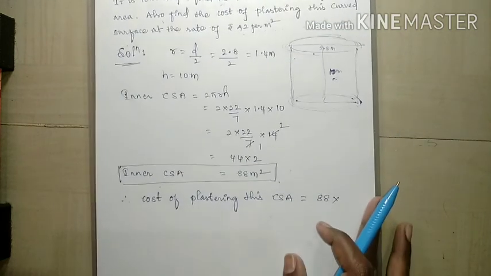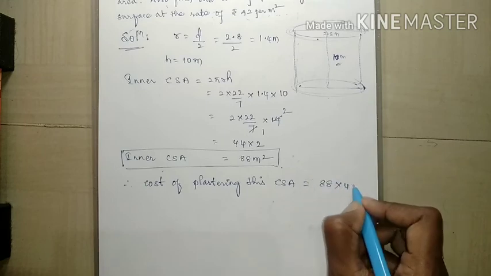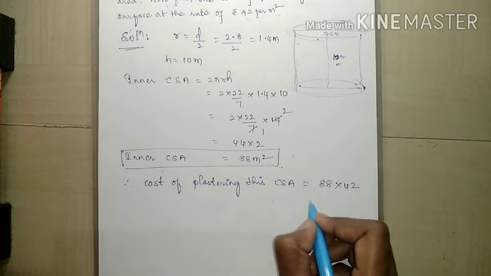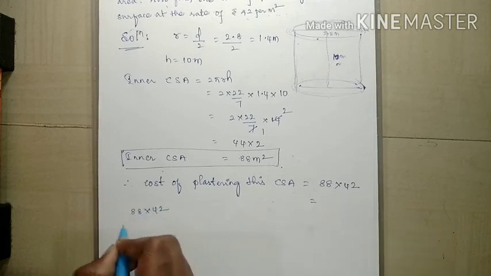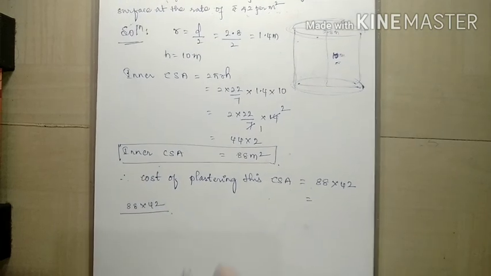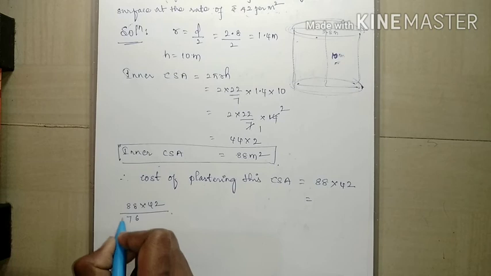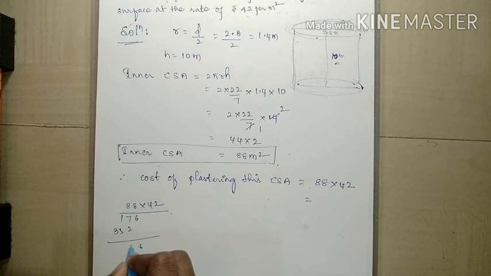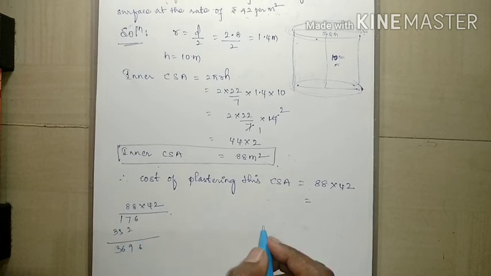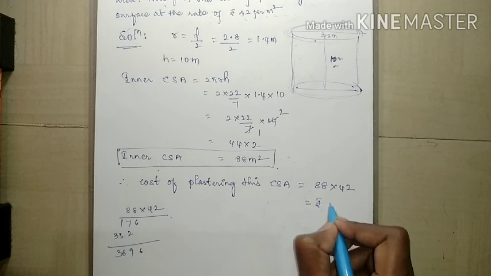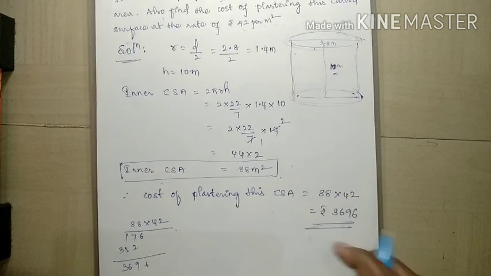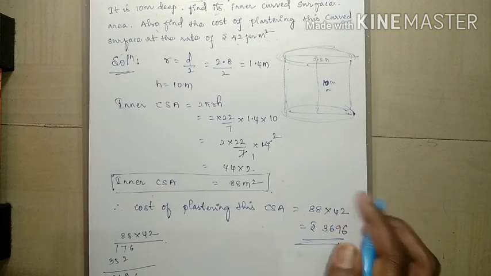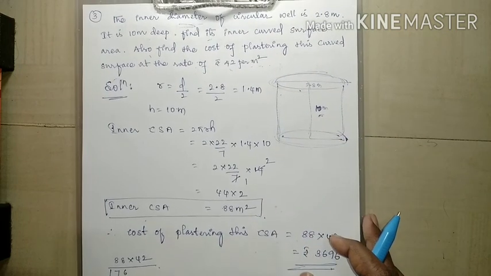So multiply by 42 for this curved surface area. Multiply 88 into 42, that is therefore rupees 3696. So this is the cost of plastering this inner curved surface area.